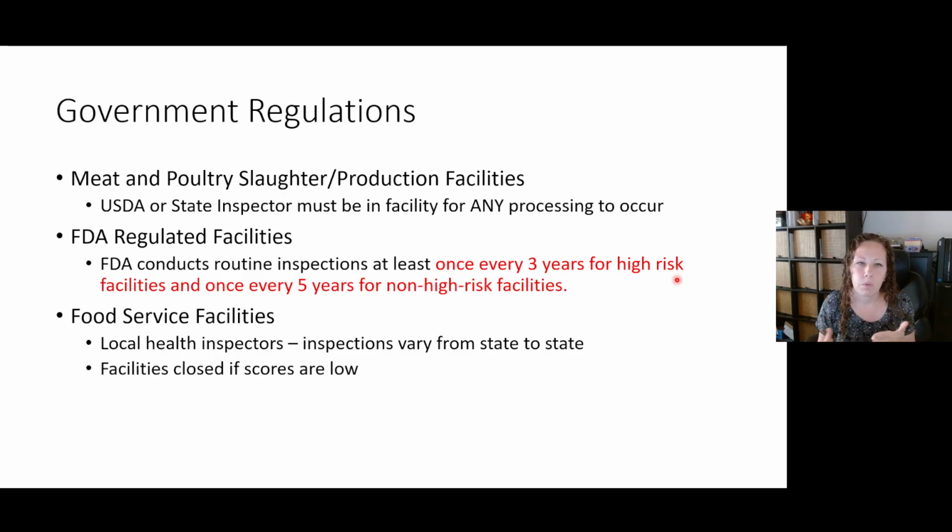But how many people get sick every year? I'm not going to ask you that. Exactly how many hours it is from ingestion to infection or intoxication, I'm not going to ask you for those specific numbers.